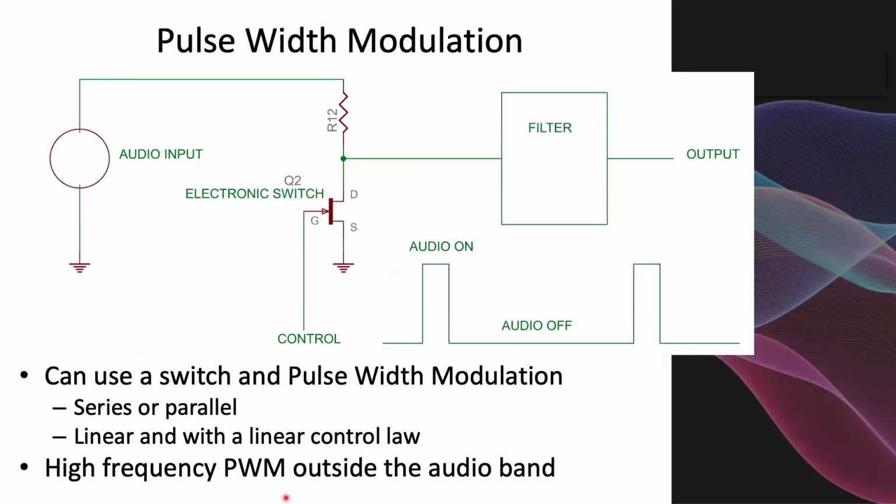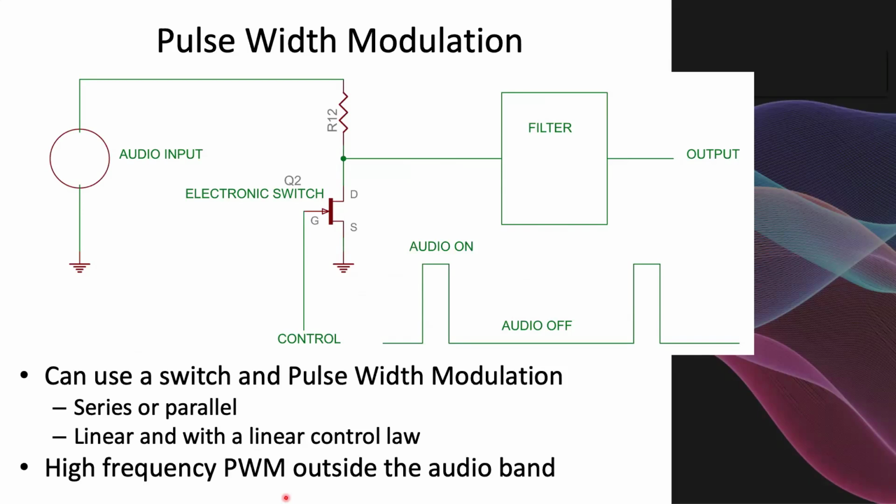Right, there's one other one which I'm going to briefly talk about, and that's pulse width modulation. We can actually use the analog switch to vary how much the audio signal is let through the device. You then have to filter it.